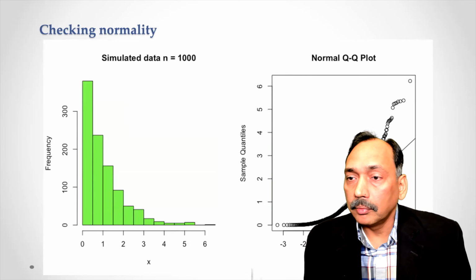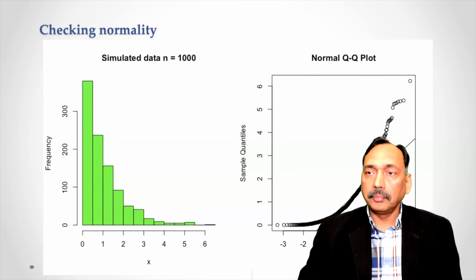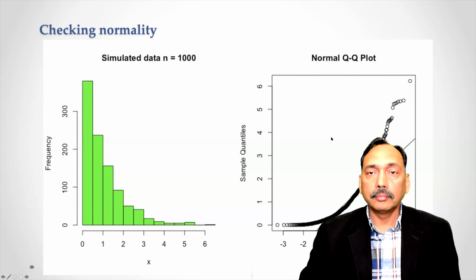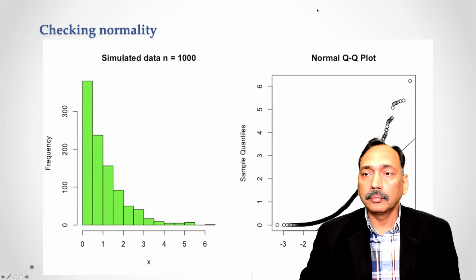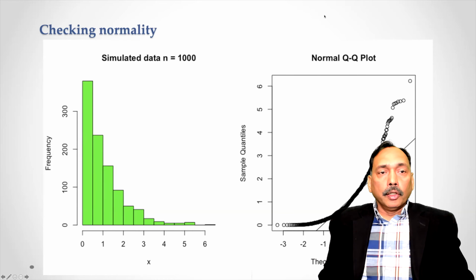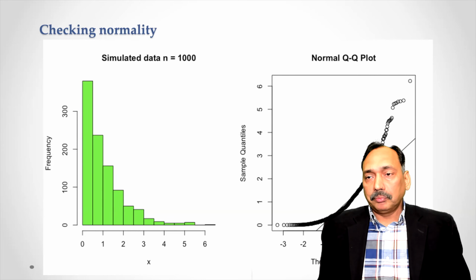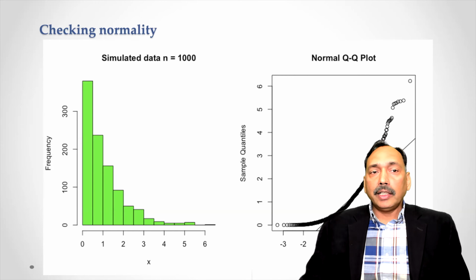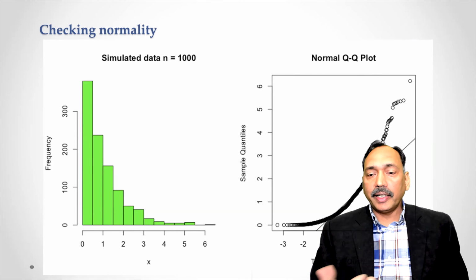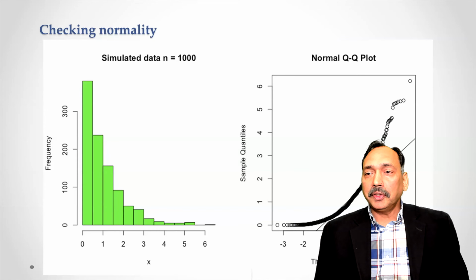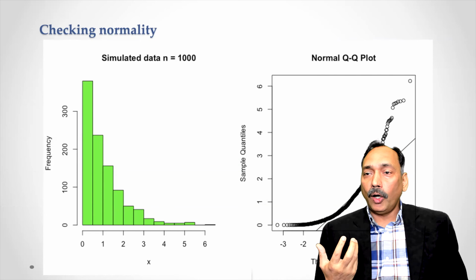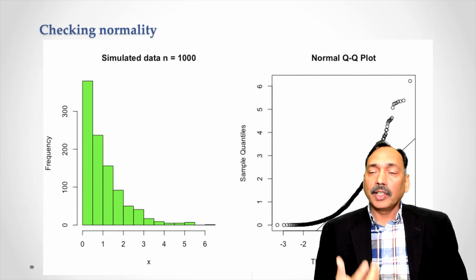Just quickly interrupt. A question from James saying, when we check normality, we're looking for the normality of the residuals, correct? So it can depend on the application. Right now I'm showing you how you can check, but sometimes we look for normality of even a variable.